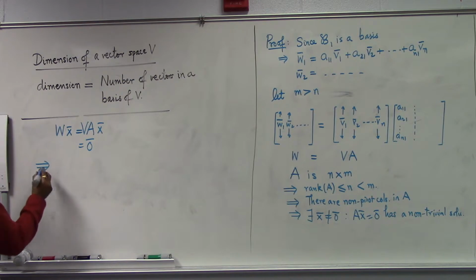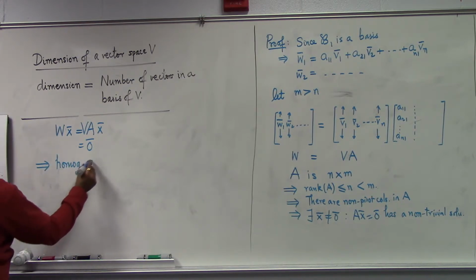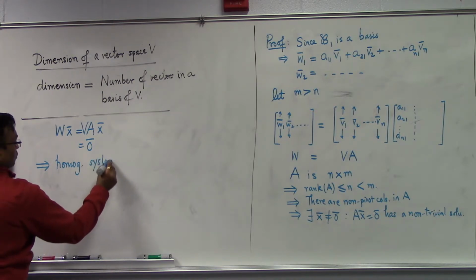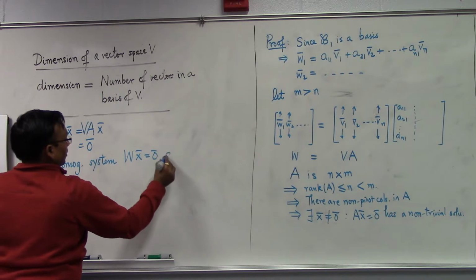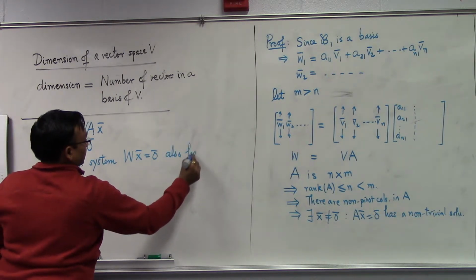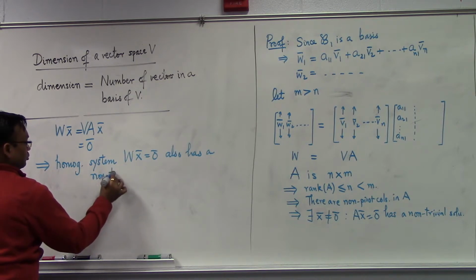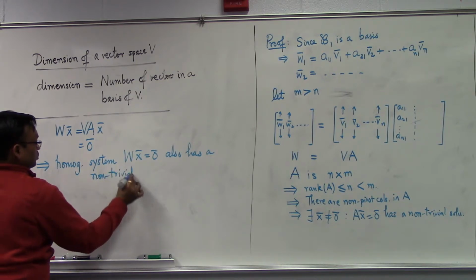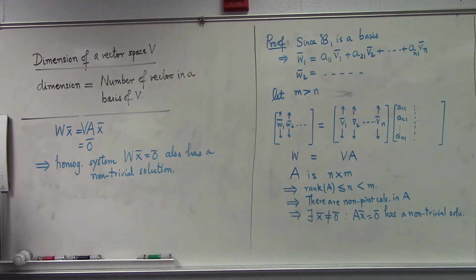So this implies the homogeneous system Wx equal to 0 also has a non-trivial solution. Now what does this tell you about the columns of W?